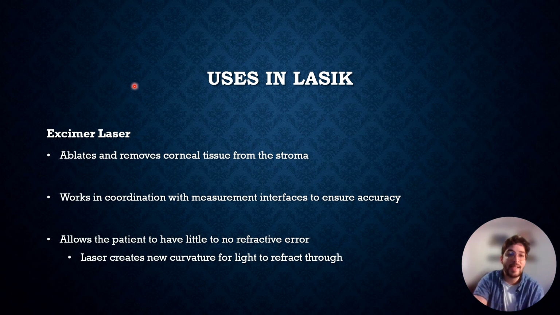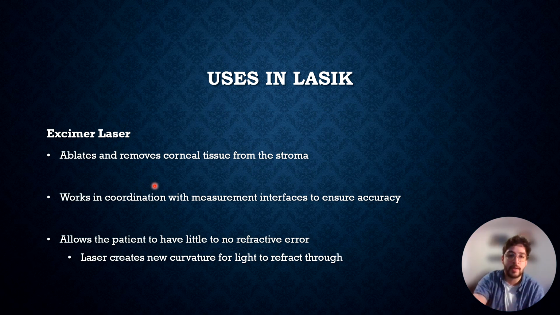And so the excimer laser ablates and removes corneal tissue from the stroma. It works in coordination with other measurement interfaces and the other laser to ensure accuracy. There's a whole lot of measuring involved in this to ensure the most accuracy and precision at work, so that we don't take off too much, we don't take off too little.